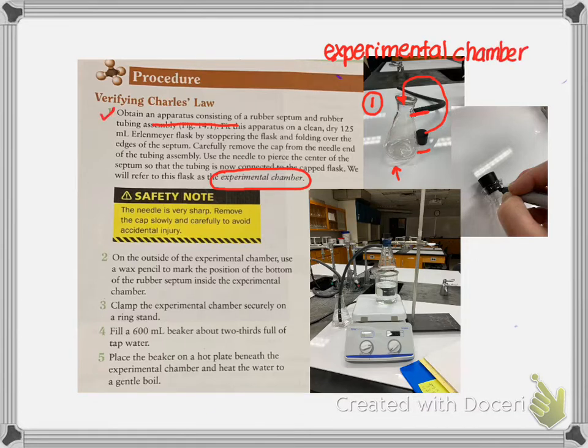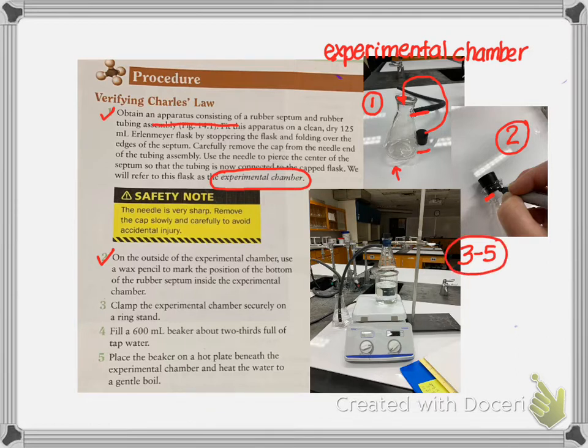So there's step 1. Step 2 says, on the outside of this experimental chamber, take a wax pencil. I used a Sharpie and mark how far the stopper goes down. So I took a Sharpie and just put a little mark on the neck of the flask. And then here, this is actually steps 3 through 5 in this picture.